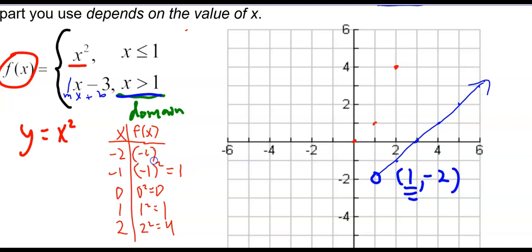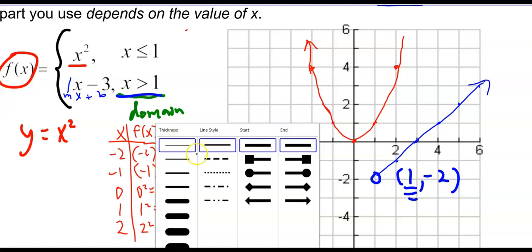I'm also squaring a -2, which again becomes positive, that's going to be 4. So -1, 1, and -2, 4. Remember we've talked about this shape, we've seen it before, it's a parabola. Looks something like that, roughly. That's a pretty good graph.